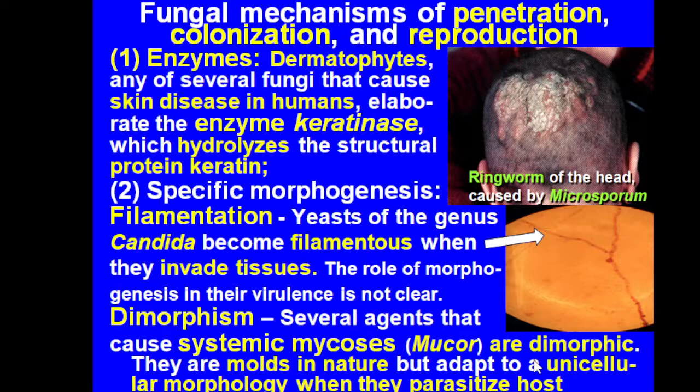So the production of this enzyme helps the fungal colony to be fixed on the surface of keratinized tissues, right, with the ability to lyse keratin, and also may help to digest it and to get some nutrition from it. Then the second example is specific morphogenesis. It means dimorphic fungi.